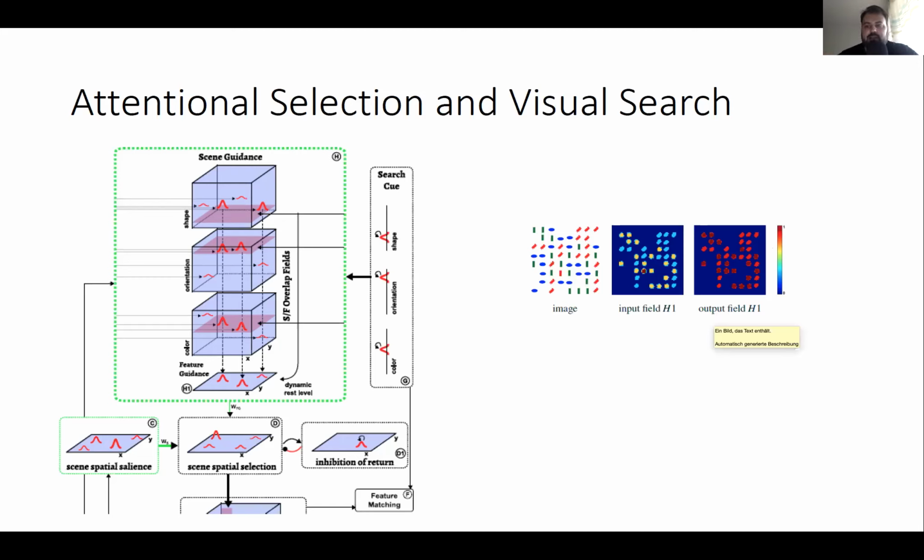Crucially, and very important to fit the data, is to find the correct value for this dynamic resting level, because of course the brain could use this information and you would find the target instantaneously. But we know from experimental data that this is not the case, and you could also think about why it's not the case. In reality, in conjunctive search, where the target is the only one that shares 2 features or 3 features in the triple conjunction with the cue, and this information is available, you could argue, why not find it directly?